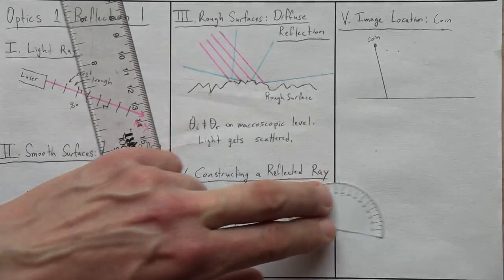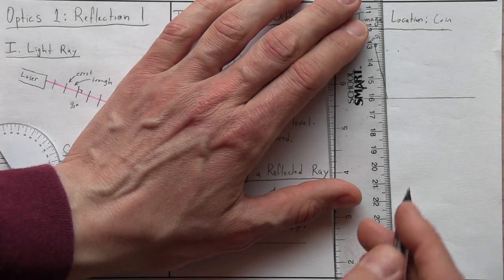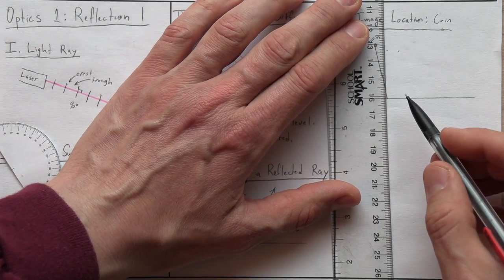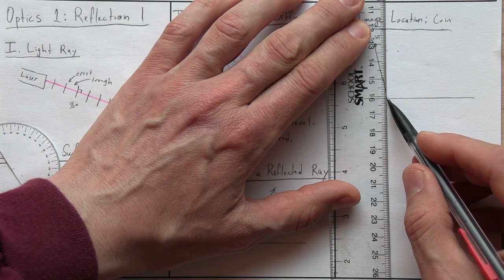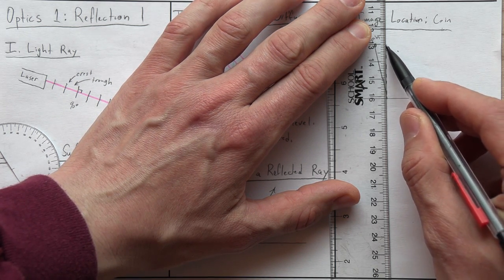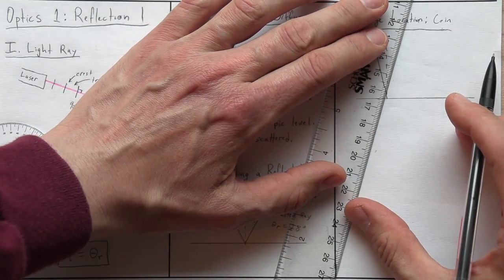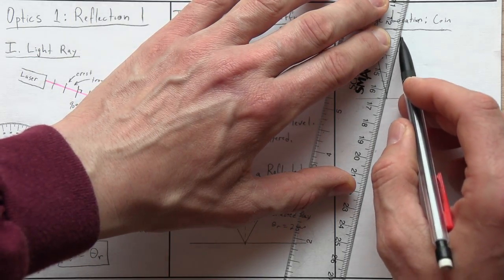Okay, so there's my mark for my normal and my reflected ray. So I make my normal. And then I make my reflected ray. Like so.